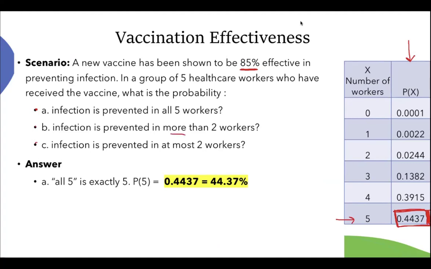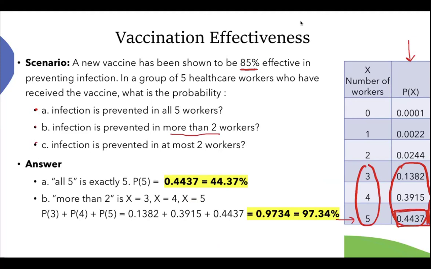Okay, more than 2. More than 2 means 3, 4, and 5. So we're going to add up the 3 probabilities that associate with X equal 3, 4, and 5. And that's big, 0.9734, 97.34%. And the last part, at most 2, means 0, 1, and 2.